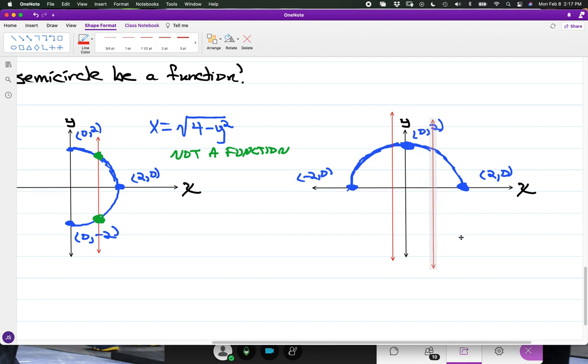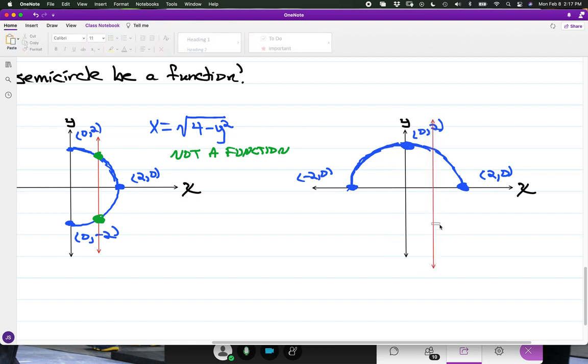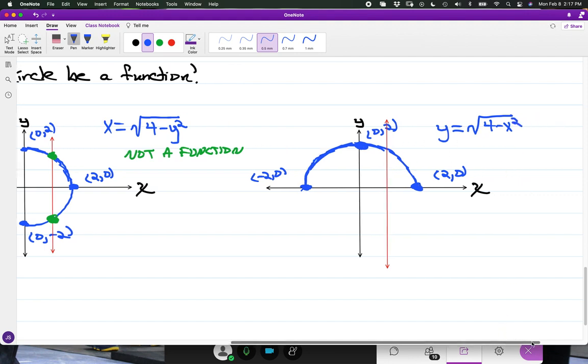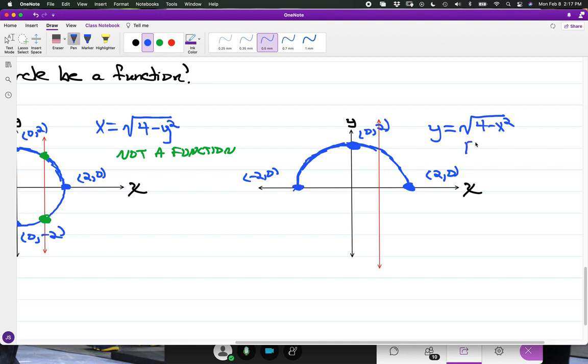And I can't just cut out the lower half automatically, but here we have the intersection at most 1 point, and this semicircle will be an illustration of y is equal to the square root of 4 minus x squared. And because we have the intersection at most 1 point, this one is going to be a function.